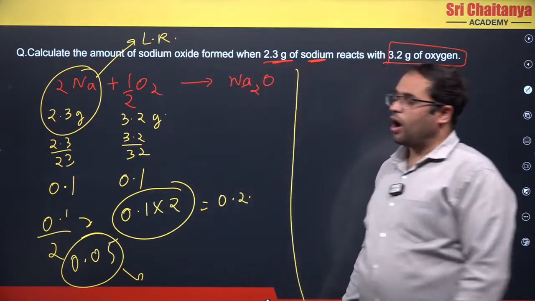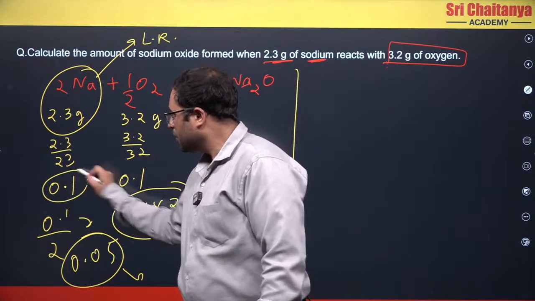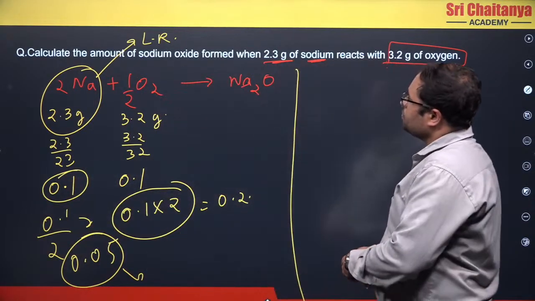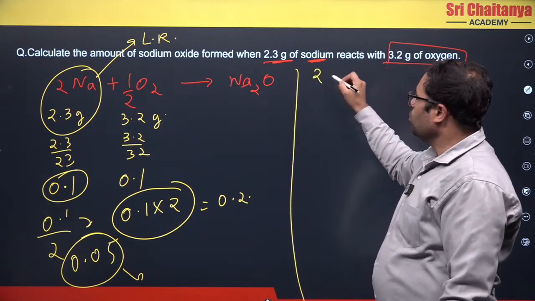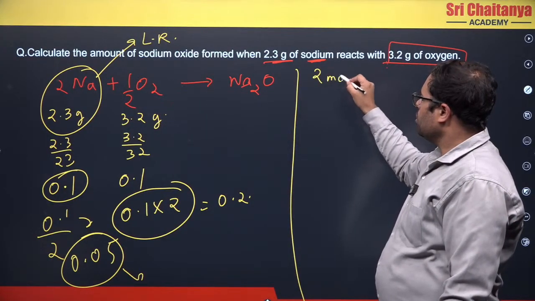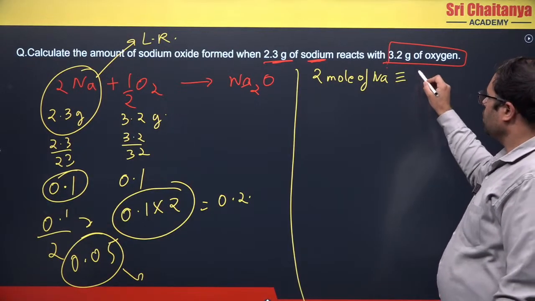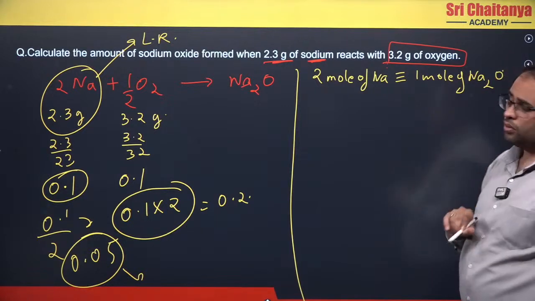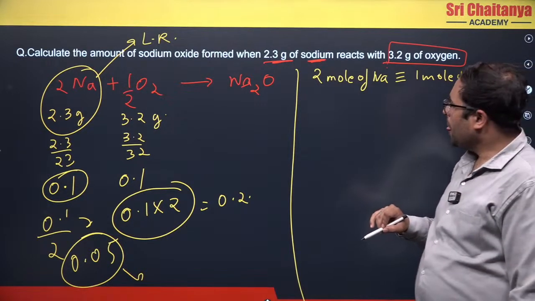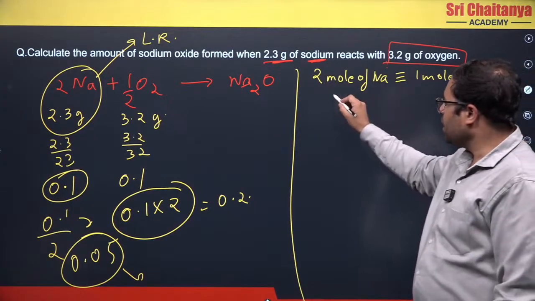Now after you have found out the limiting reagent, nothing more has to be done. Moles you have already calculated, right? So now here you can clearly see that 2 moles of sodium are equivalent to 1 mole of Na2O, right? So divide both sides by 2, make 1 mole here.